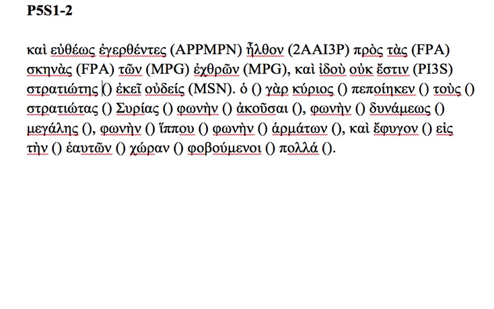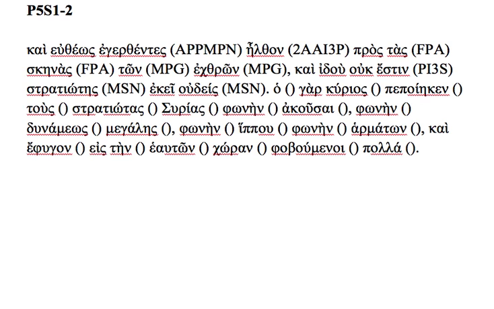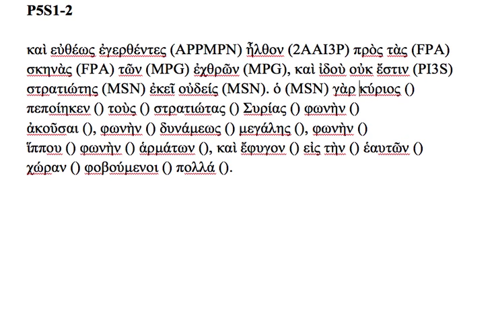And so even if you couldn't remember that stratiotes is a masculine noun of the first declension, just like prophetes or mathetes, you should be able to figure out that stratiotes is also masculine singular nominative, because oudeis describes stratiotes. And so they need to agree in gender, number, and case. It's masculine singular nominative. You recognize this pretty easily, same here.